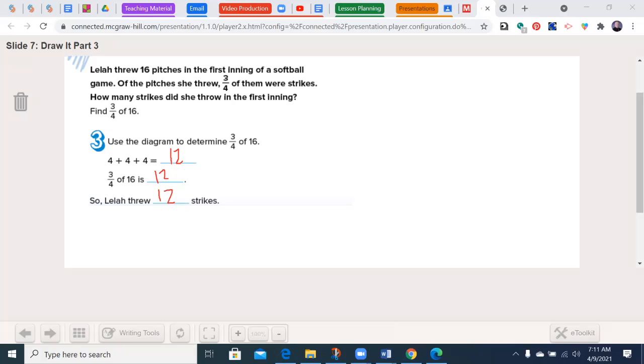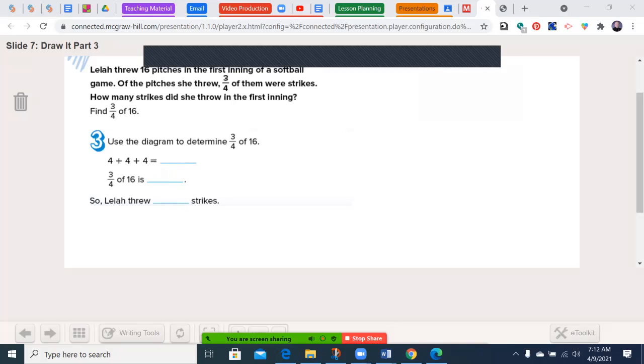And again, all we did is we figured out how many pitches per section and then added those sections up. So 16 divided by 4 was 4, and 3 groups of 4 would be 12. All right, I'm going to go ahead and clear the drawings, and you should turn to the top of the next page, 708.